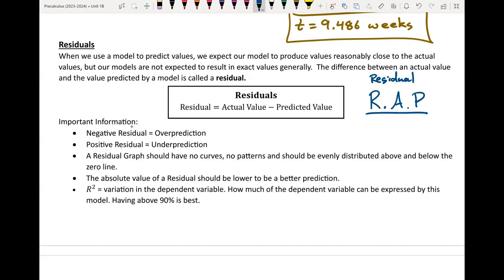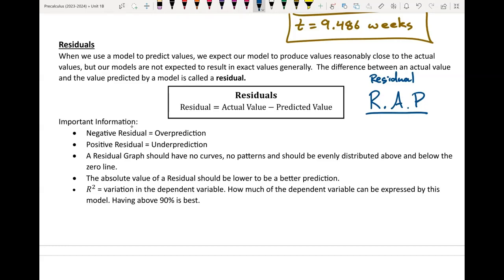So the residual RAP is our residual equals actual minus predicted. That could be something that you could use. If you want to use it, you don't have to. Residual equals actual minus predicted. It's our RAP, not our RPA. It's the RAP.